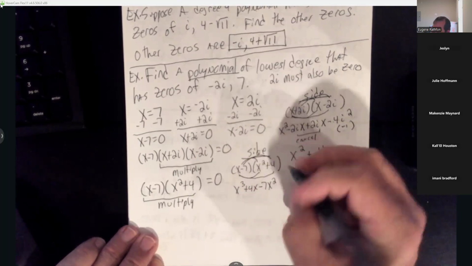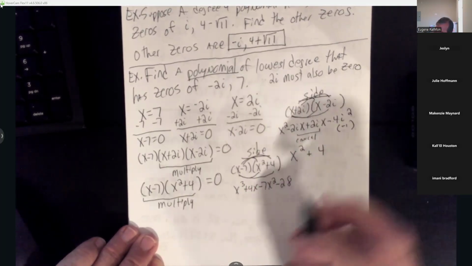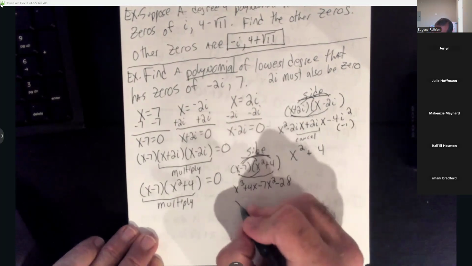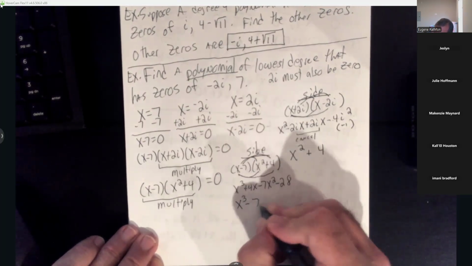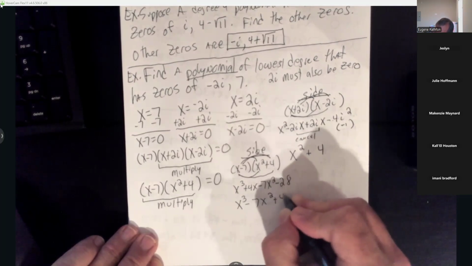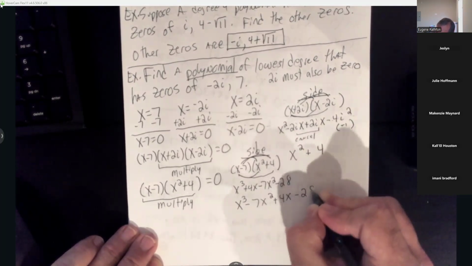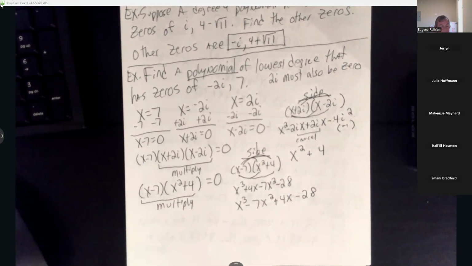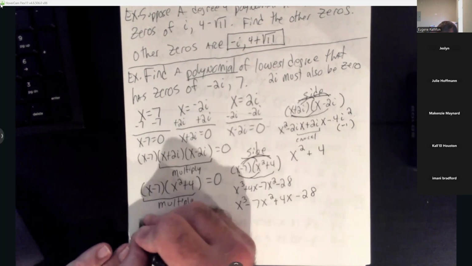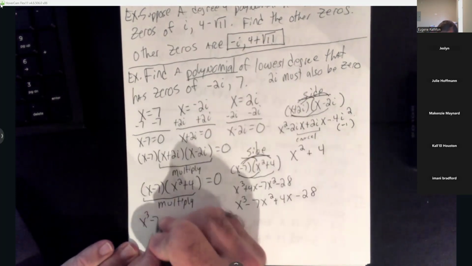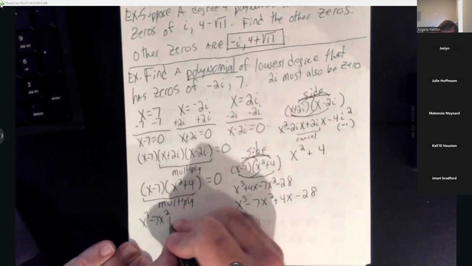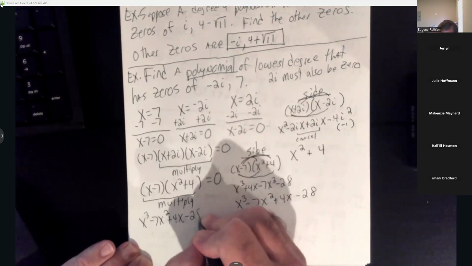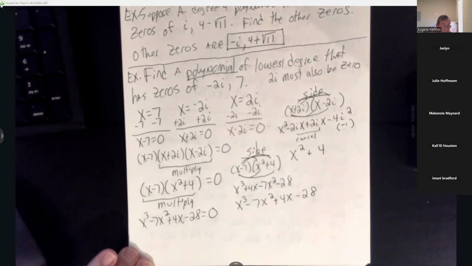Negative 7 times 4, negative 28. And y'all, I'm just going to put them in order again. So I get x cubed minus 7x squared plus 4x minus 28. And guess what? That is our final answer. x cubed minus 7x squared plus 4x minus 28 all equal to 0.